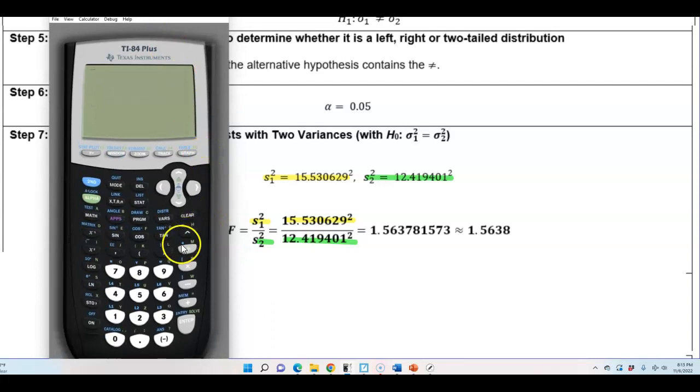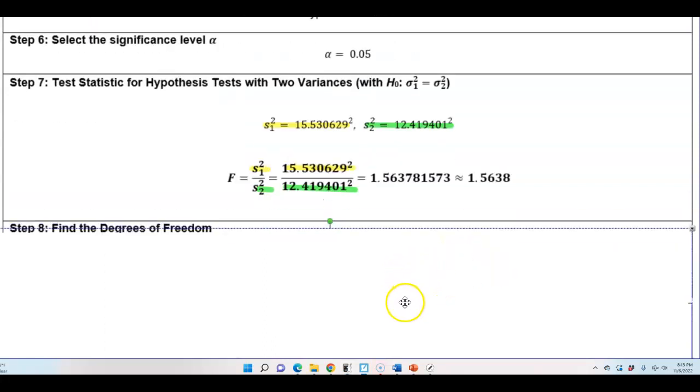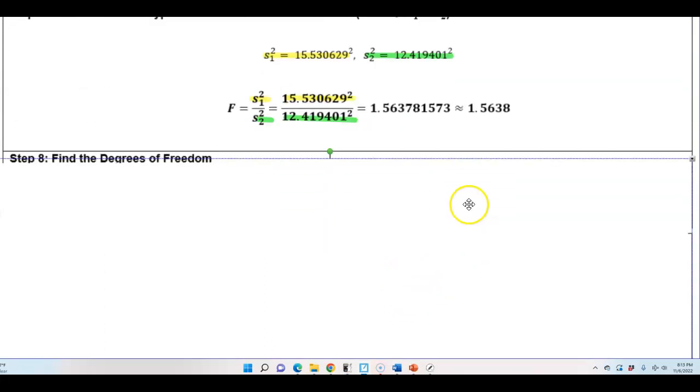So we have 15.530629 squared, and then divide that by 12.419401 squared. That gives us 1.563784092, which is approximately 1.5638. And so that gives us our test statistic.